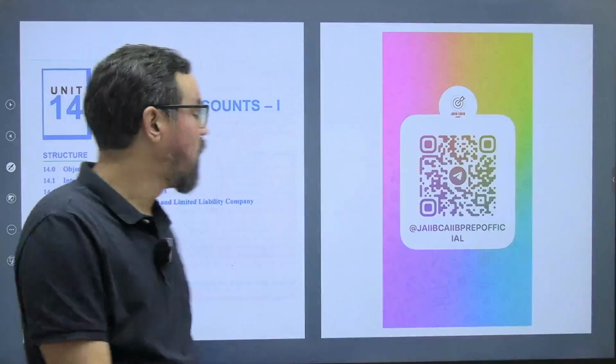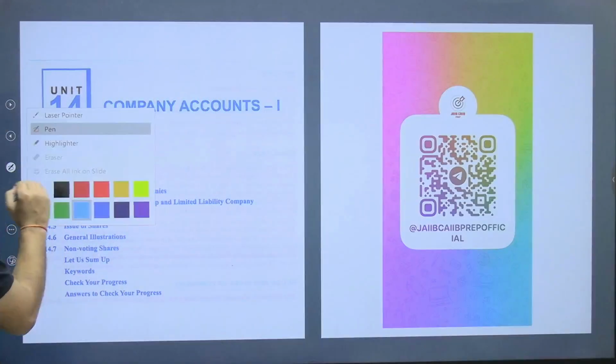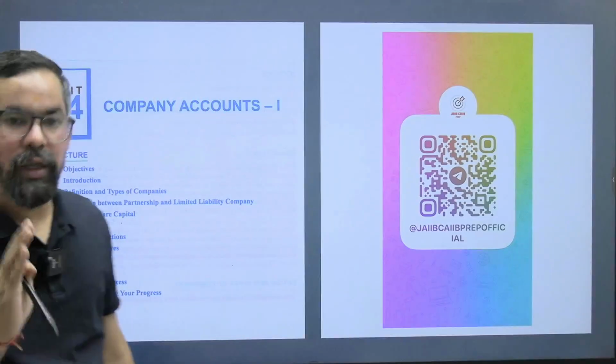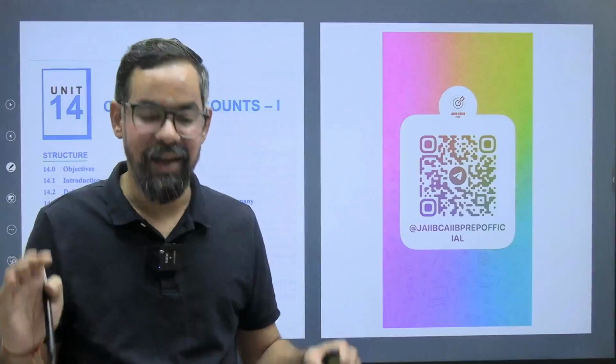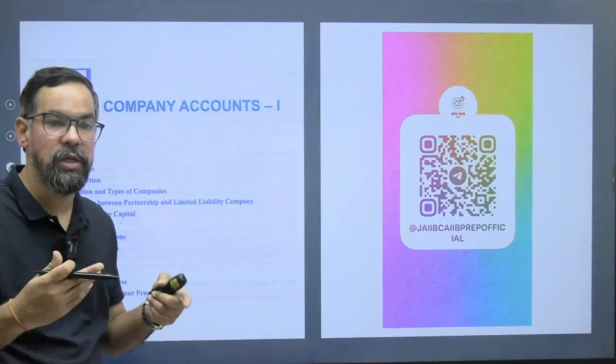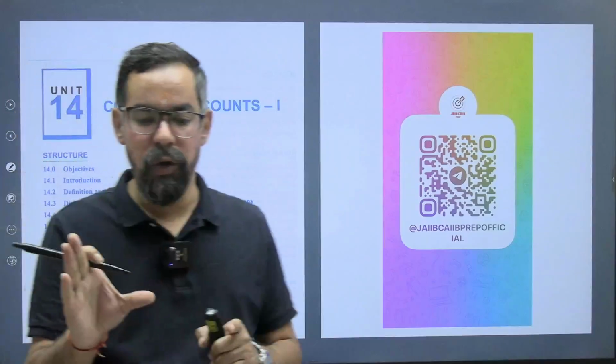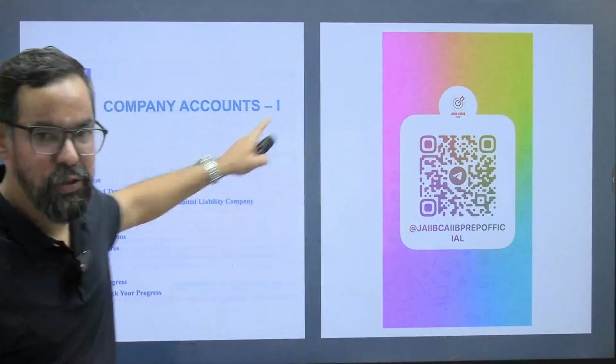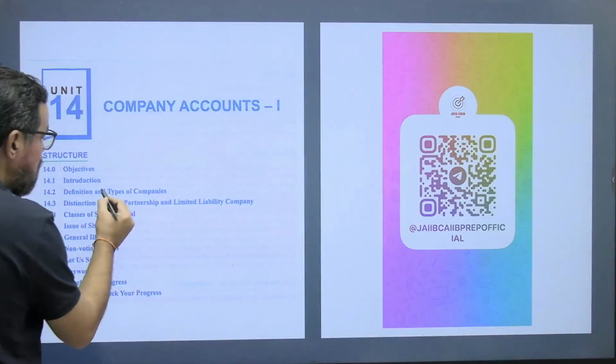Okay? Now, next unit. When it comes to units number 14 and 15, they are very lengthy, right? You'll see they have limited content, but when you open the books, 50% of the entire module B belongs to these units content-wise.